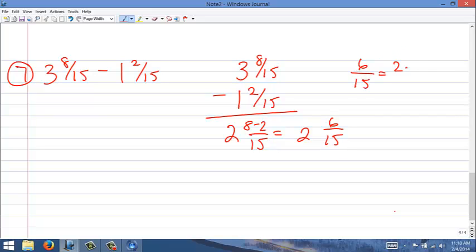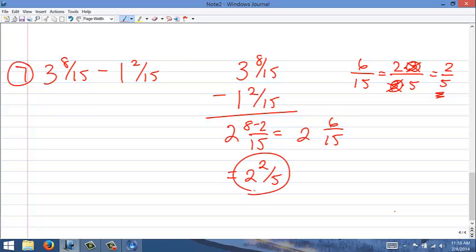So if we rewrite 6 as 2 times 3, and 15 as 3 times 5, you see that we've got a common factor of 3. That'll actually cancel out between these guys. And so 2 over 5, nothing else simplifies, so 6/15 reduces down to 2 over 5. So we can replace that 6 over 15 by 2 over 5, and that gives us a final answer of 2 and 2/5.